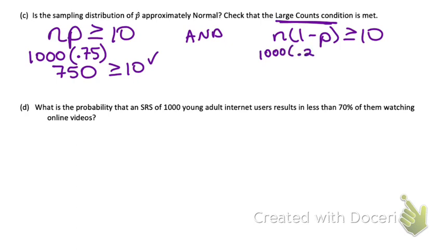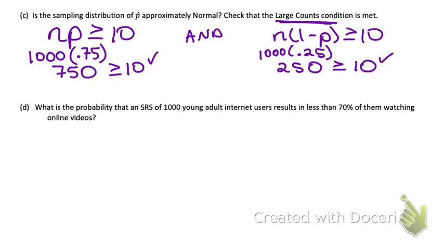1,000 times 0.25. If 75% of 1,000 is 750, then what is 25% of 1,000? 250. Is it a coincidence that 750 plus 250 equals my sample size? No, that's not a coincidence at all.